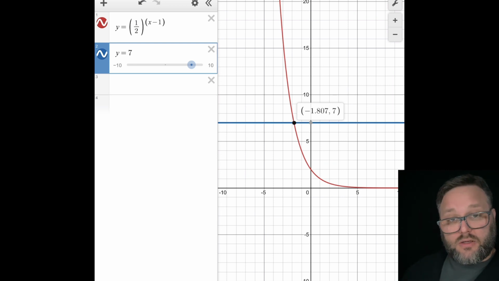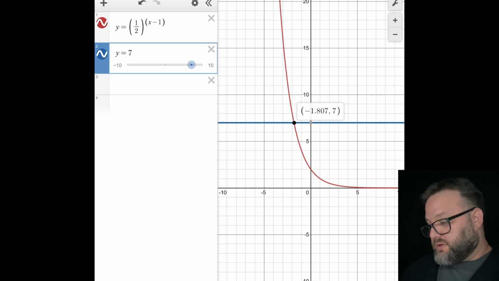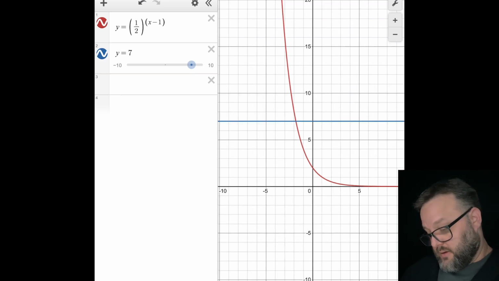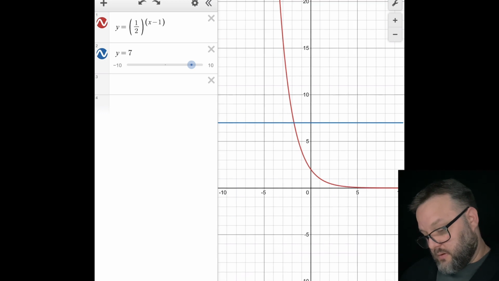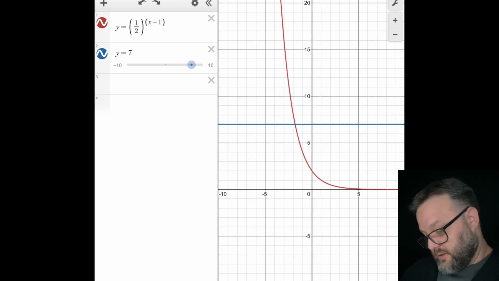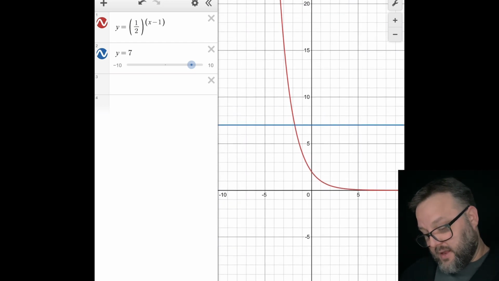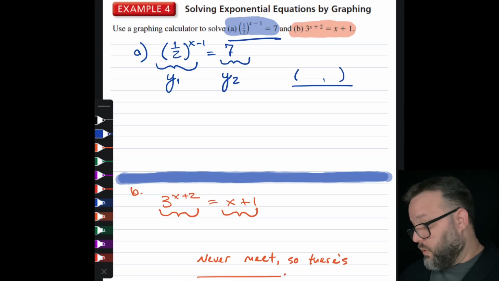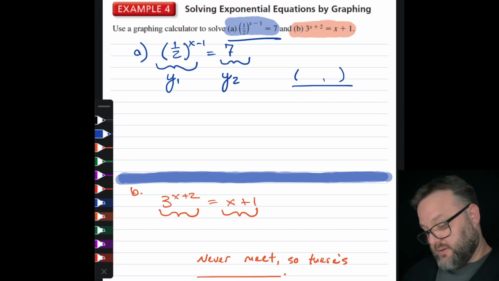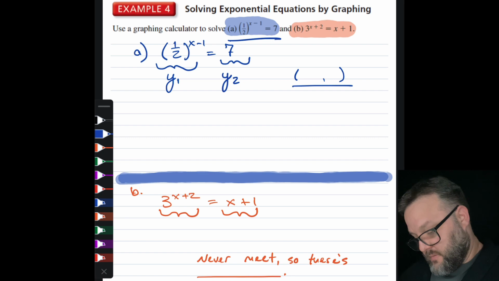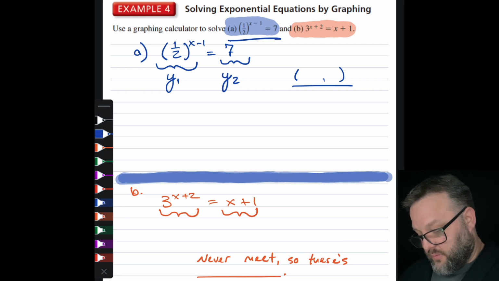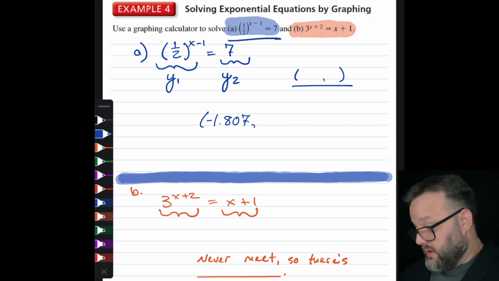1.807, 7. So what we're going to be focusing on is that negative 1.807. So we found that the point was negative 1.807, 7.